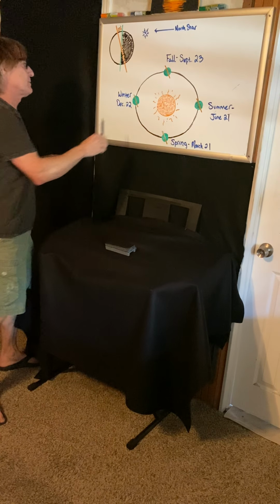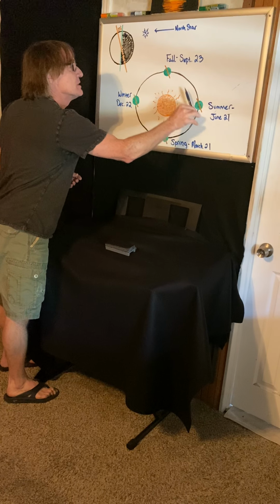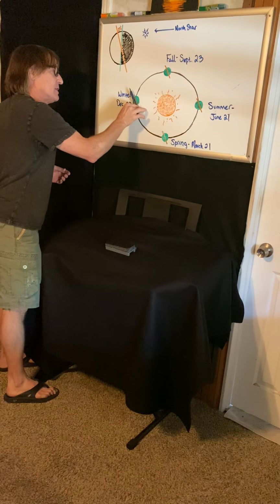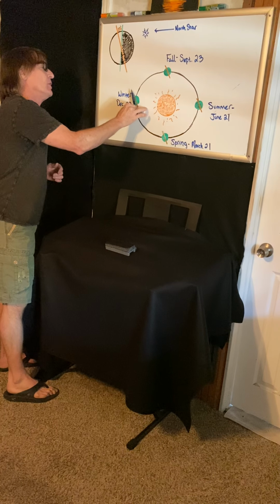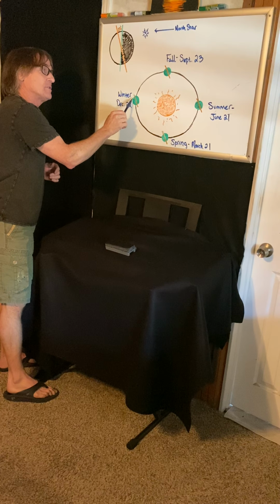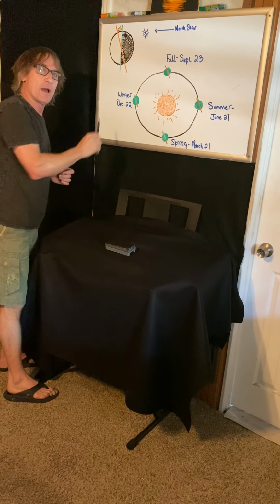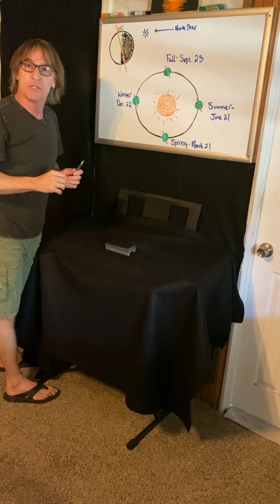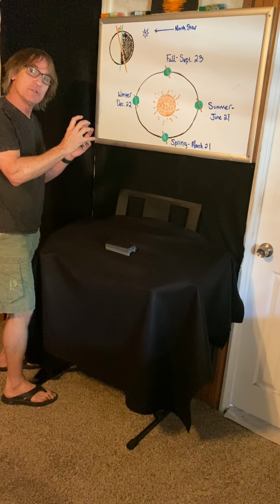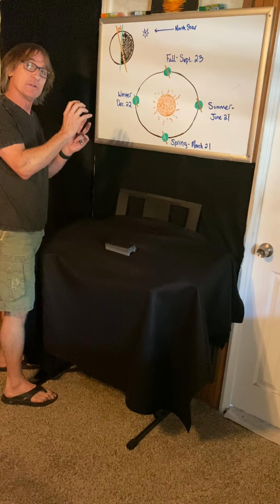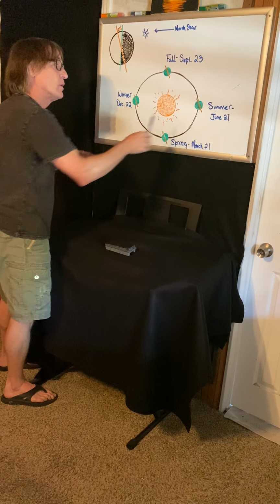What's happening is, because of the Earth's tilt and we are on the northern hemisphere, what is true now about our relation to the sun in terms of placement? Well, now it's the opposite of what it was in the summer.